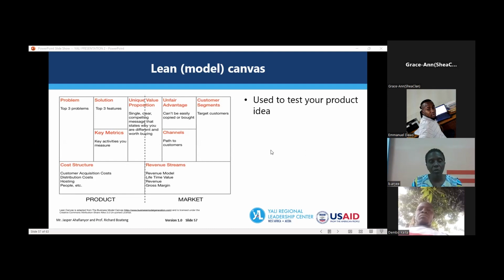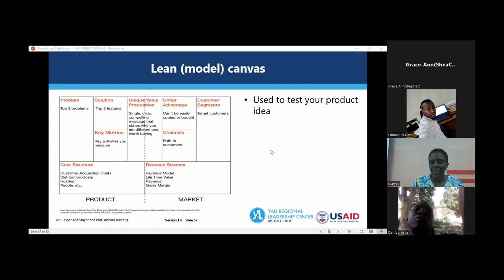Okay, so in this case, we're looking for a very clear, single, compelling message. Remember that this is now me starting, or should I say you starting? So a clear message that states why you are different from all the others and why you are worth buying from.